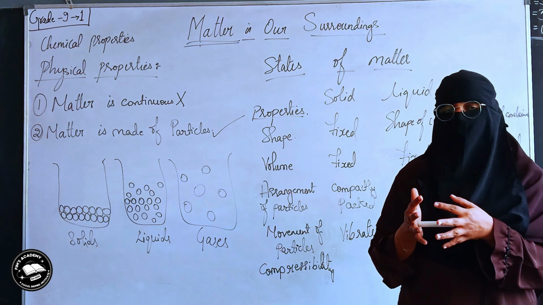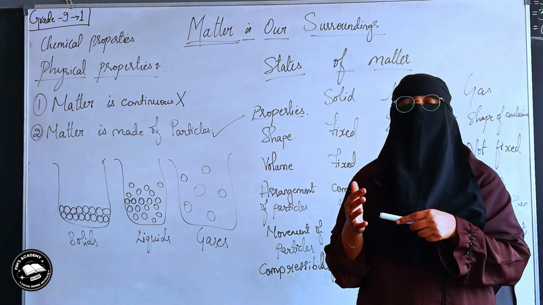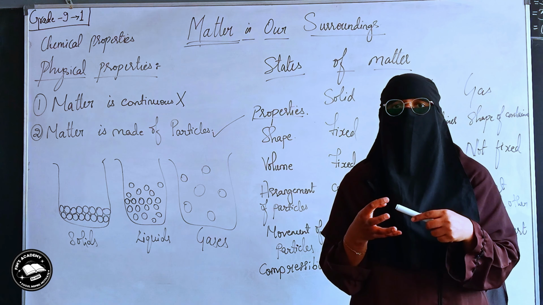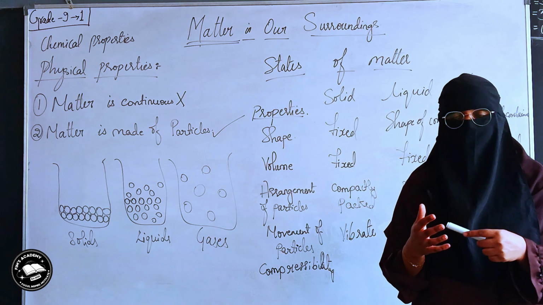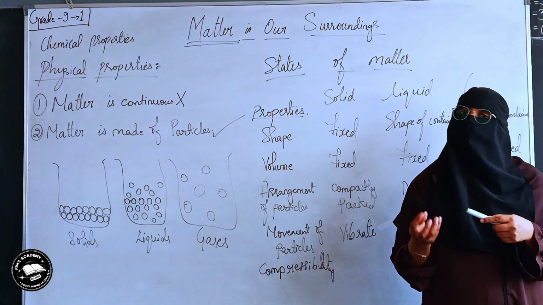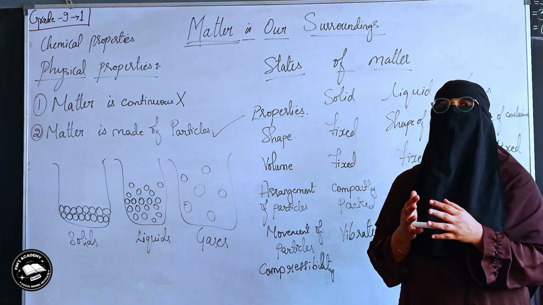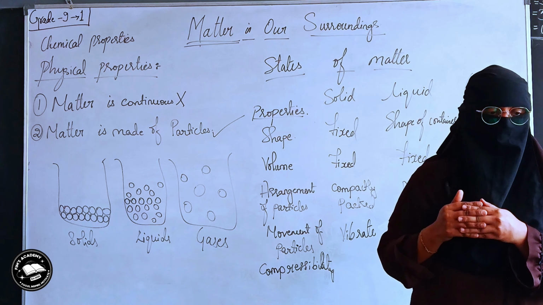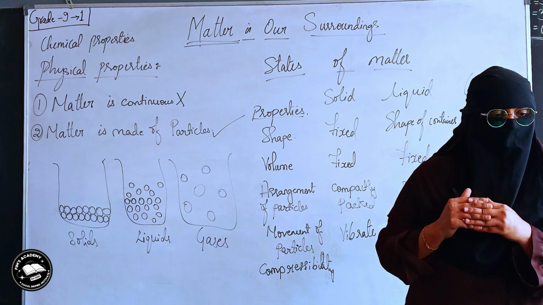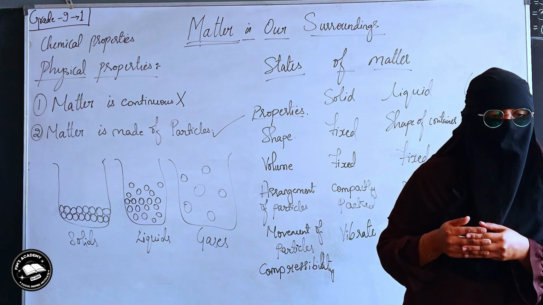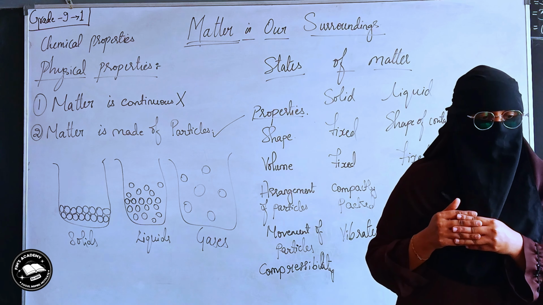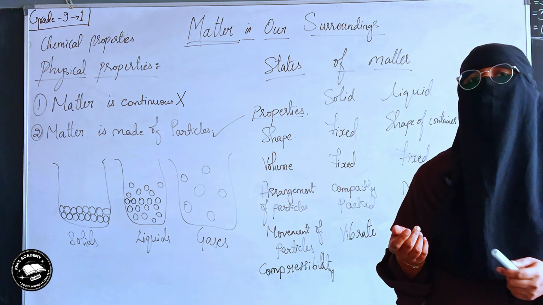Even paper, you cannot compress it to the extent that it is made into a very small mass. That is not at all possible, right? So solids can be compressed, but their compressibility is limited. They can be compressed up to a certain extent only, or we can say they are not at all compressible.